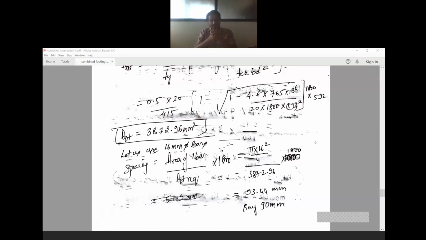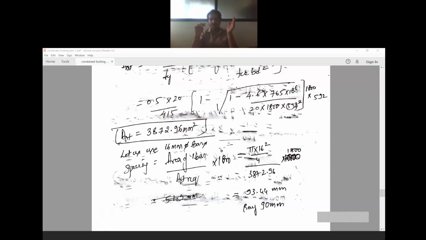So for considering the values, we have one thumb rule for selecting the dimension of the bar. You may be confused about what should be the diameter of the bars we should be selecting. Basically, we have a thumb rule. Usually, if the AST is less than 1000, we will go for bars lesser than 10 mm.